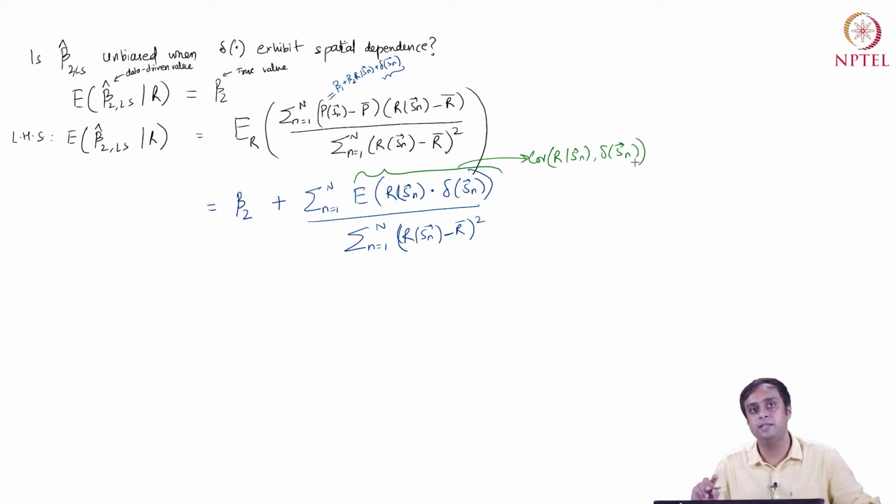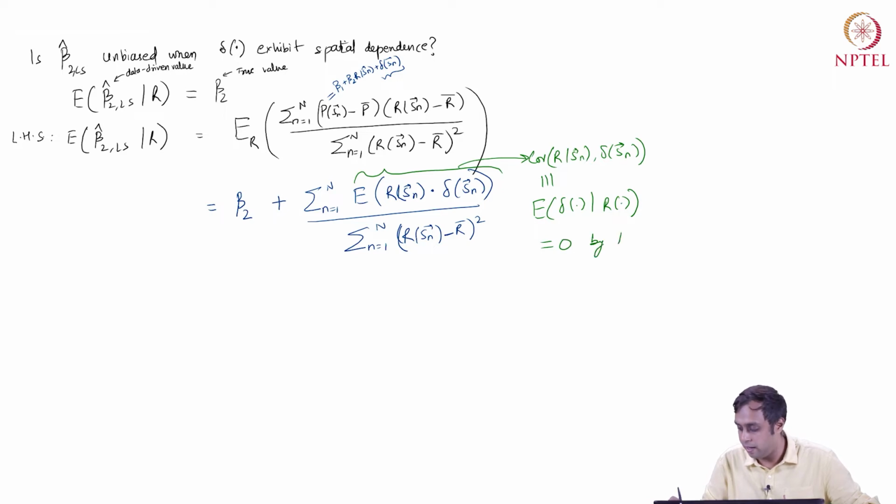And this covariance is nothing but a representation of the expectation of delta given R, which is 0 by the second assumption, right? The second assumption suggested that the conditional expectation of errors, conditional on the x, is equal to 0. So A2 is not relaxed, A3 is relaxed.